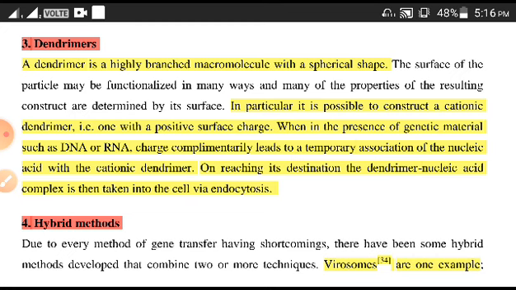So first you create the dendrimer, which is having a positive charge, and then it will associate with the nucleic acid. Means the nucleic acid and the dendrimer will get associated, and these charges will help it to enter into the cell.